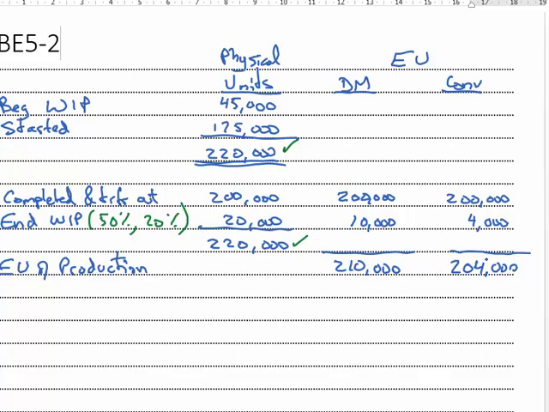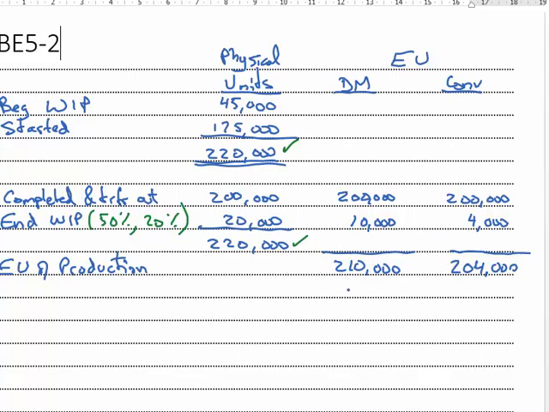And so this is basically the first section of a production process costing production report. We do a reconciliation of the physical units to make sure we've got everything captured, and then we look at the ending, the stuff that we did in the month. So what we finished off and transferred out, plus the ending work in process, convert it to equivalent units.